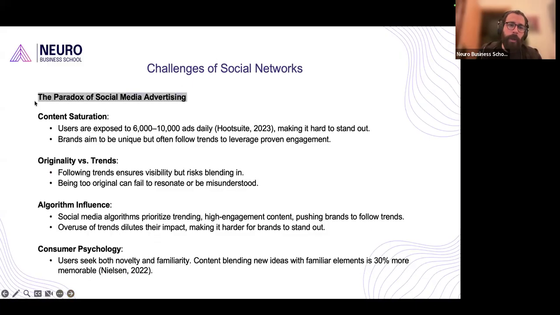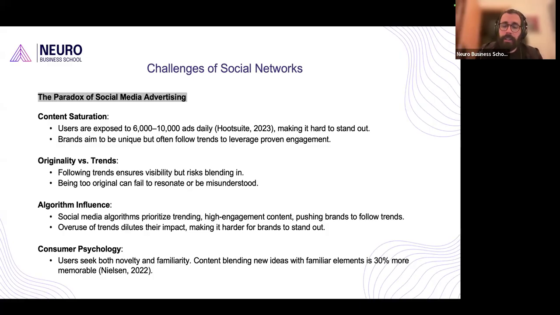Let's move to the paradox of social media advertising. What happens? Well, there is content saturation. Users nowadays, according to this study, are exposed daily to 6,000 to 10,000 ads. That's crazy. It's a lot of ads. Some of them probably people are not processing.